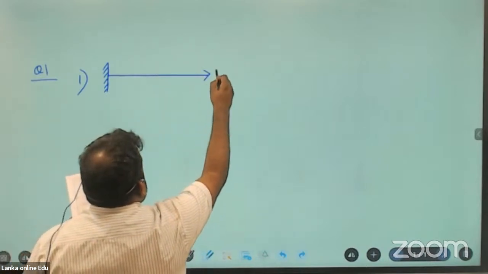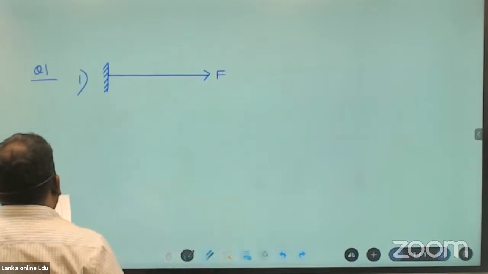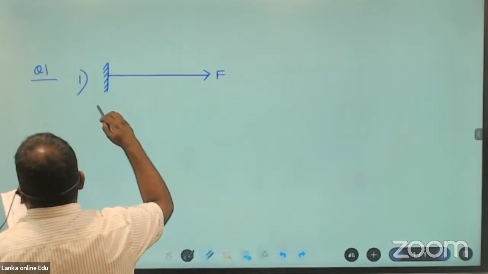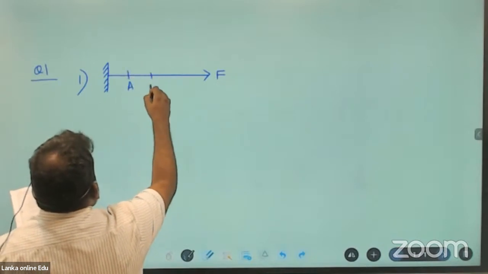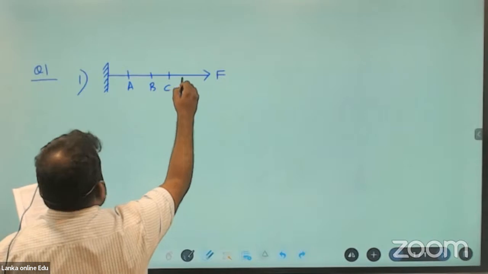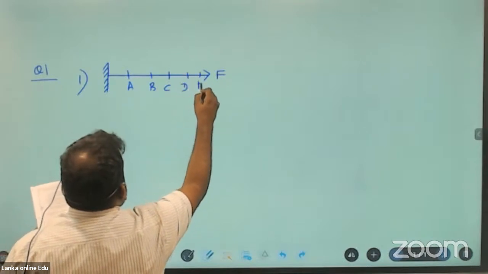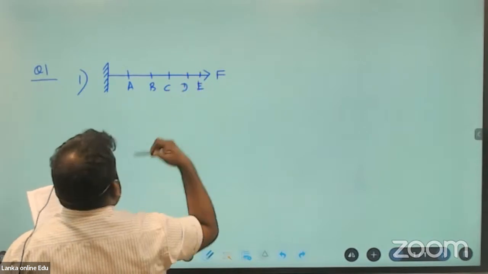I'm applying a force F. They're asking you the tension at points A, B, C, D, E.